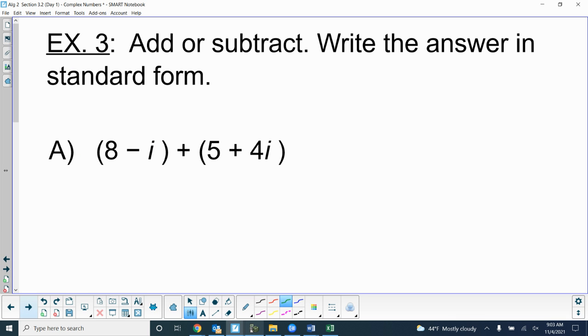All right? So what's 8 plus 5? Somebody? 13. What's negative i plus 4i? 3i. That's all. Don't overthink it. Okay, William?